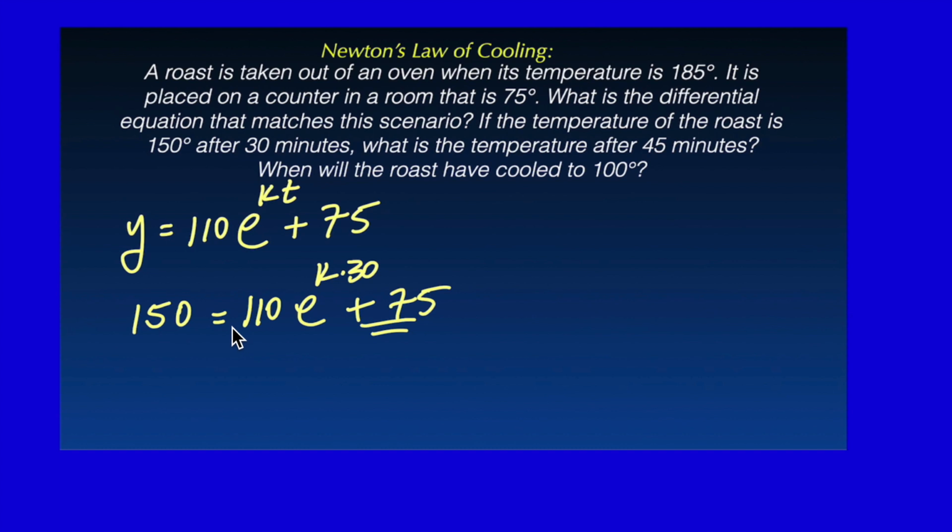Folks, don't forget that pesky plus 75. Most of these exponential growth and decay problems only involve this term, but don't forget to subtract that 75 before you do anything. Okay, so we're going to subtract 75 from both sides, and then we're going to divide by 110. We're going to end up with 75 divided by 110 equals e to the 30k.